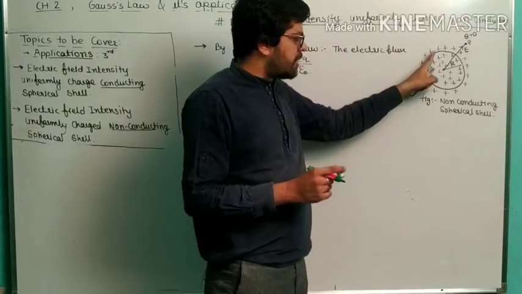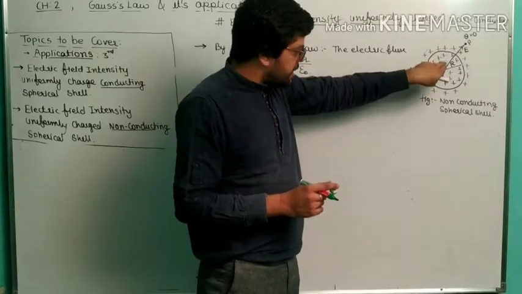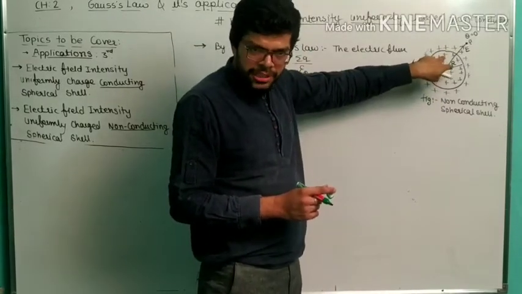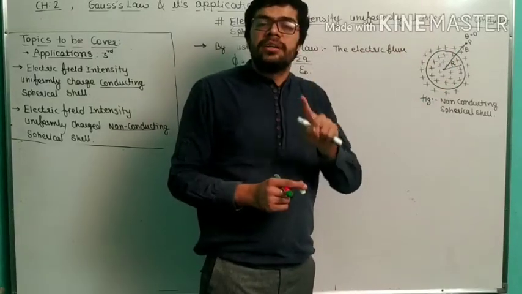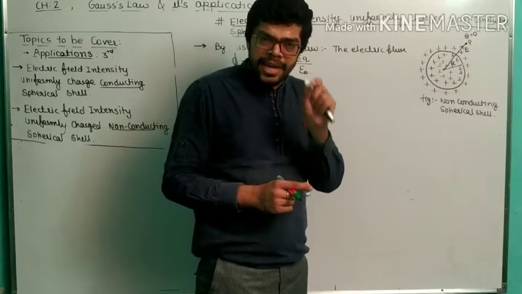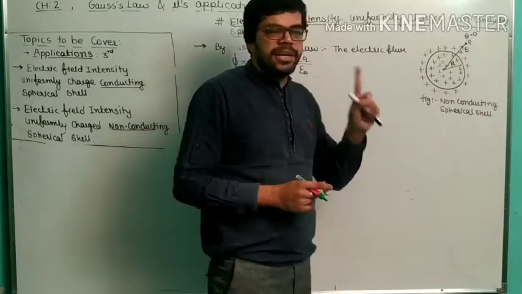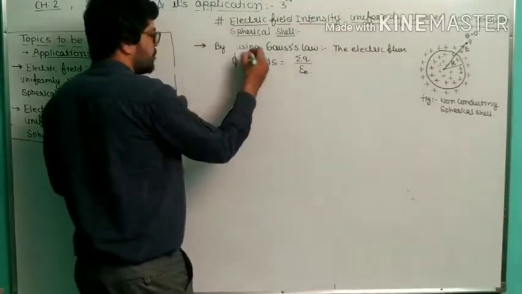Now the charge is distributed outside as well as inside. So inside it is three-dimensional because it is a sphere. Outside it is the surface. So it covers 3D. So we can say that it is a volume charge distribution.